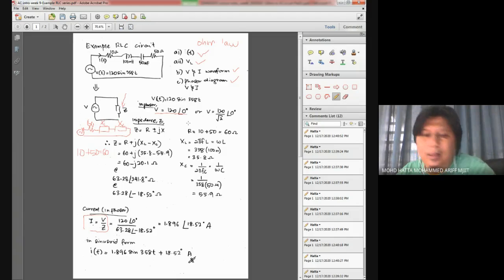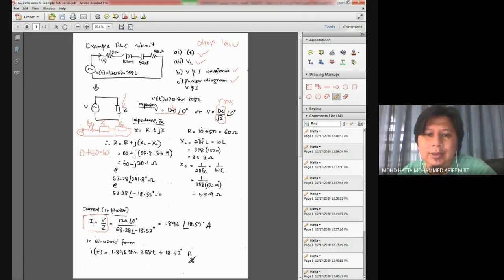Okay, if you would like to write down your voltage in phasor form, there are two ways that you can do that. First, maybe using the peak value over here, just put it like that, or you can always use this value, which is known as the RMS value.